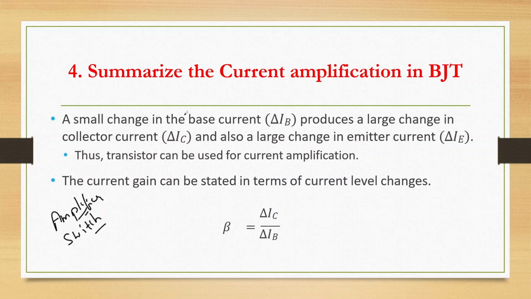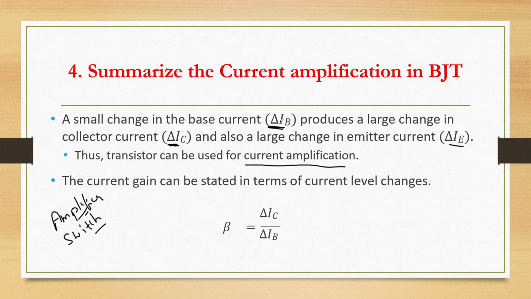How we can start to answer this particular question is: a small change in base current, you can name it delta IB, produces a large change in the collector current delta IC, and also in turn a large change in the emitter current IE. Thus the transistor can be used for current amplification.